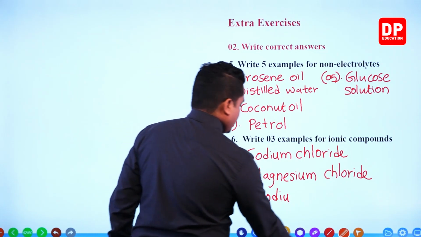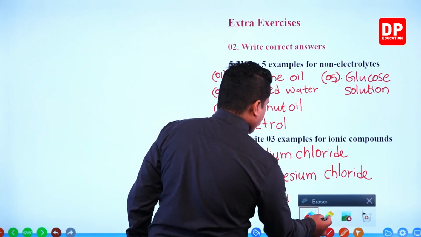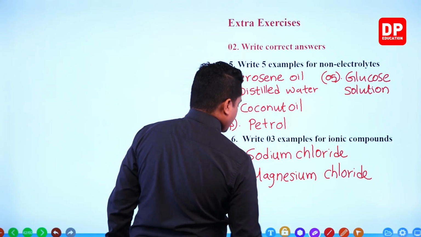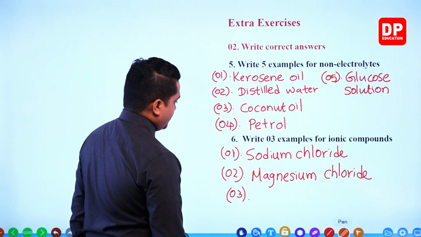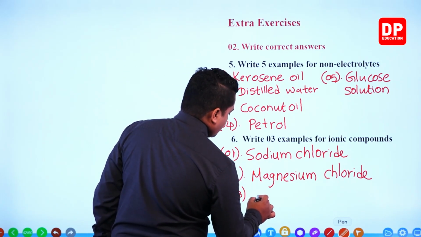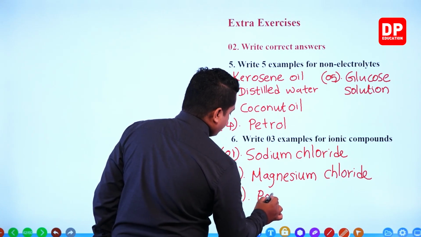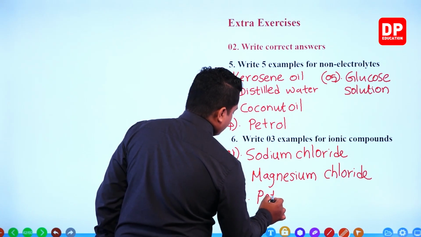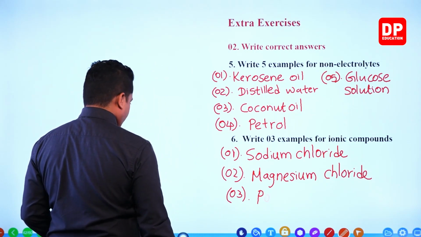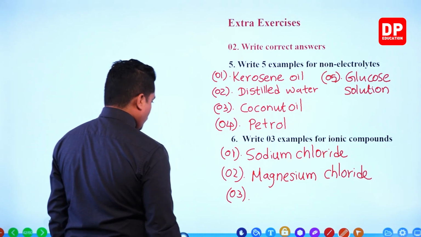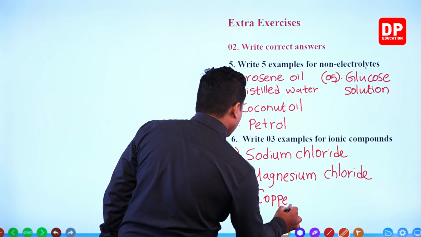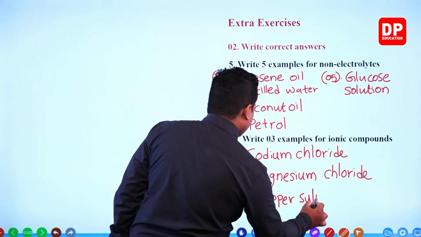Or else we'll use another different metal here. That's good, no? We'll use a different metal, like potassium. Potassium is already being used now, so we'll use a different one. We'll use silver nitrate or copper sulfate. Copper sulfate is more often being used now. Copper sulfate.